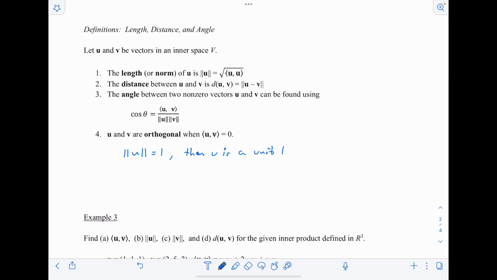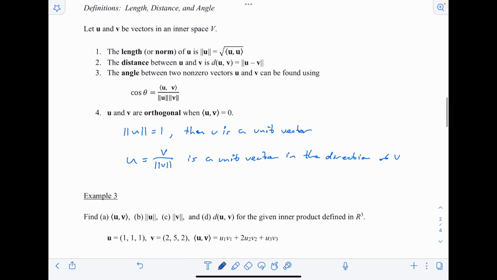Also, if you have a vector and want to scale it down or up, you simply take the vector and divide it by its magnitude, and that gives the unit vector in the direction of v. Just a couple of side notes related to things we talked about before in this same context.